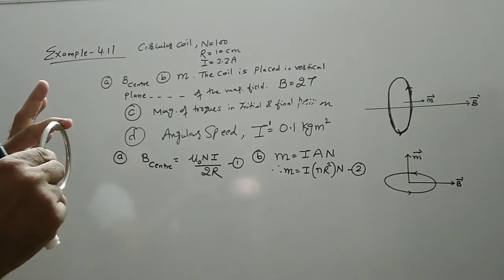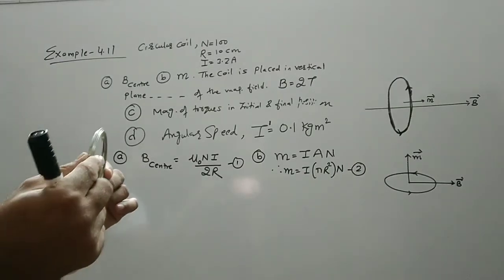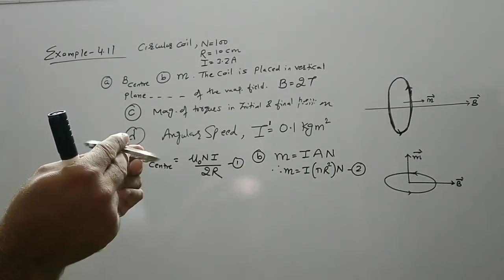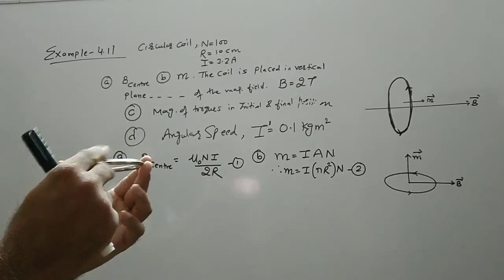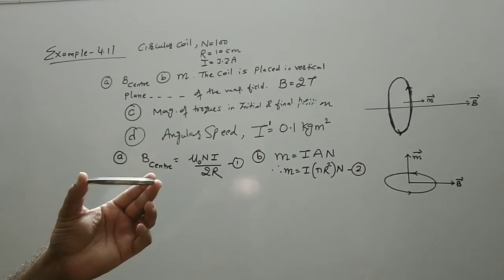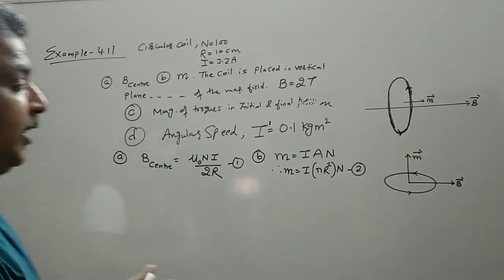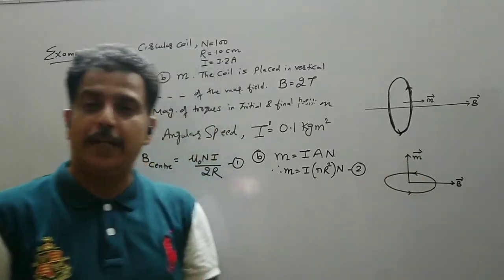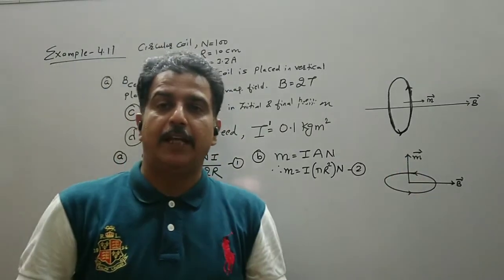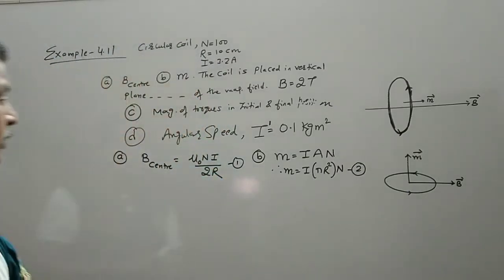And then we have to find out the torque in the final position when it rotates by 90 degrees. When it rotates by 90 degrees, the magnetic moment is in the upward direction. So you have to find out the torque. And we also know that a current carrying coil or any planar loop behaves like a magnetic dipole.